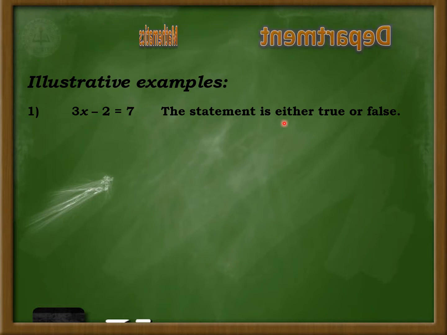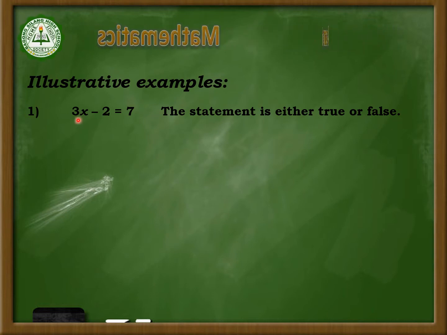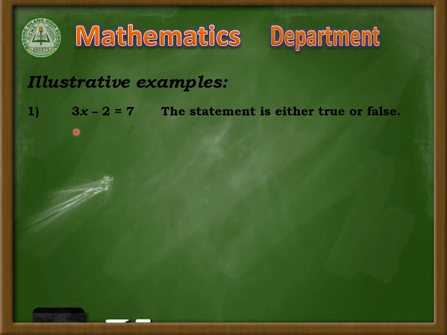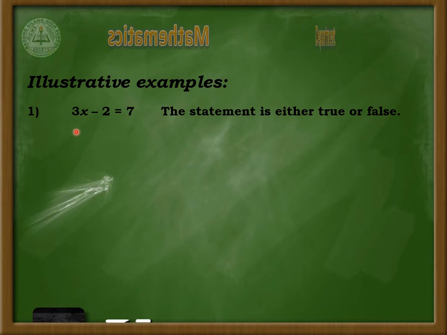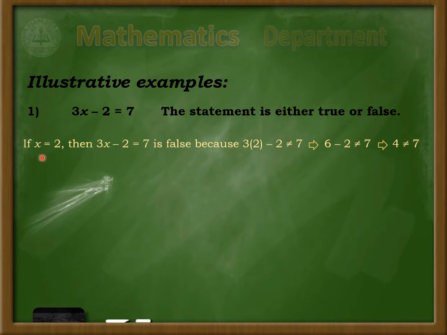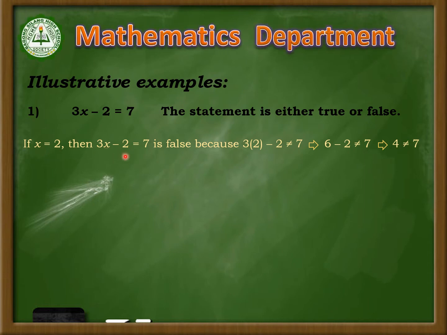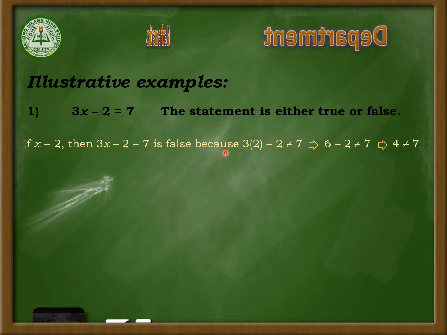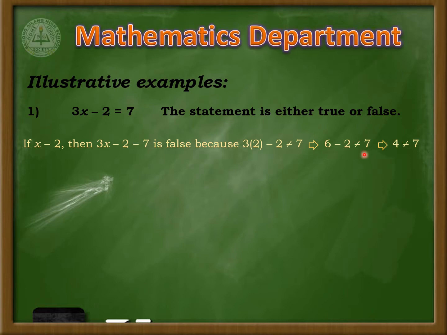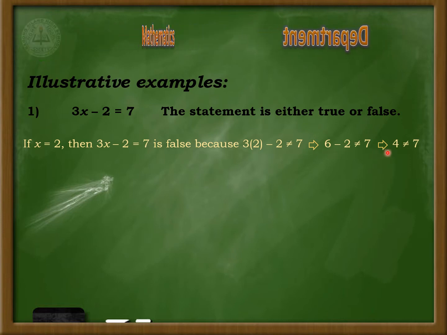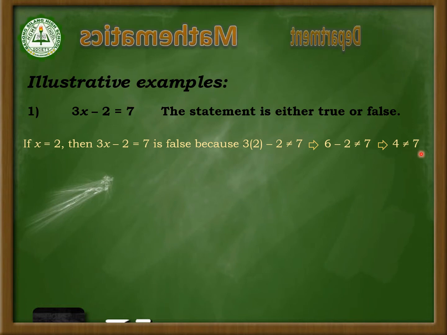This statement is either true or false, because we still cannot know what the value of x is to satisfy that statement or that equation. All we have to do is to set arbitrary values for x. For instance, if x equals 2, then 3x minus 2 equals 7 is false because 3 times 2 minus 2 is not equal to 7, which implies 6 minus 2 is not equal to 7, and therefore 4 is not equal to 7.